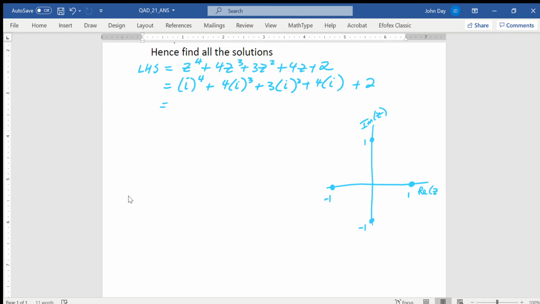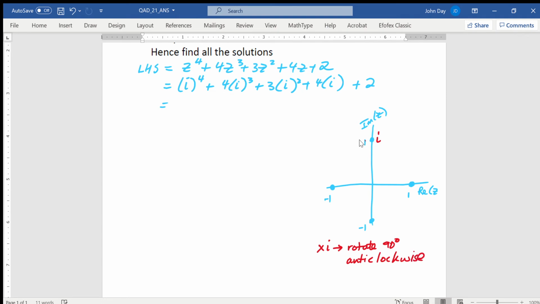If you multiply by i, you rotate 90 degrees anti-clockwise.